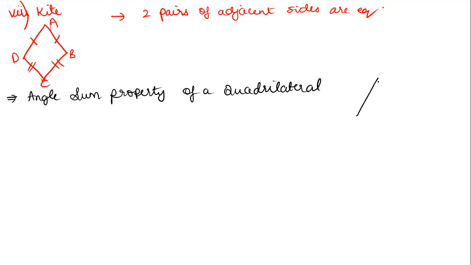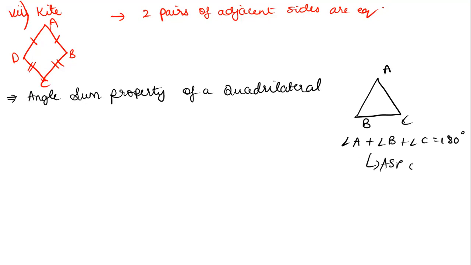So that means what? If I have a triangle, let's say I have A, B, C. That means according to the angle sum property of a triangle, angle A plus angle B plus angle C is equal to 180 degrees. This is the angle sum property of a triangle, isn't it?